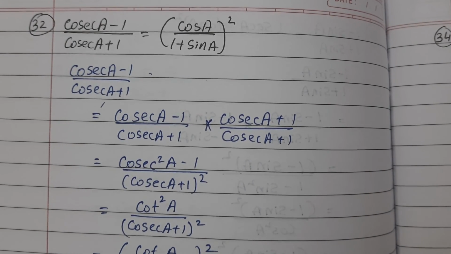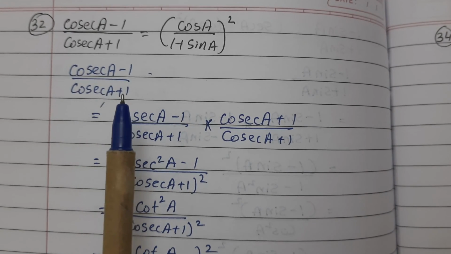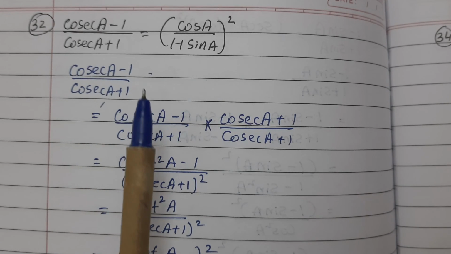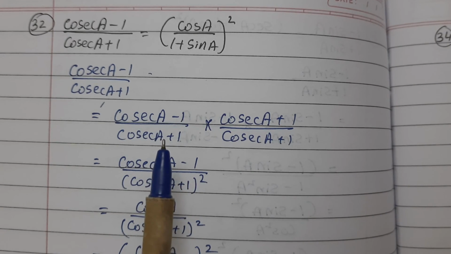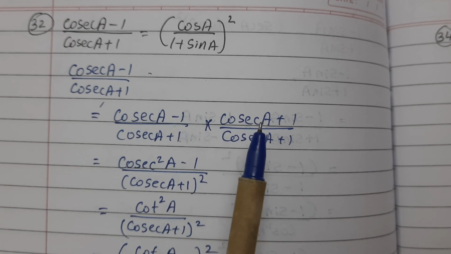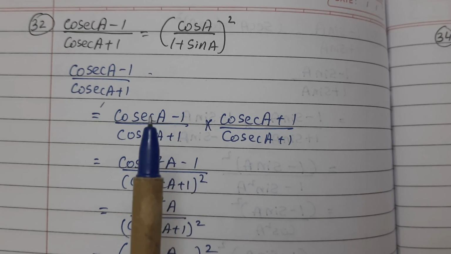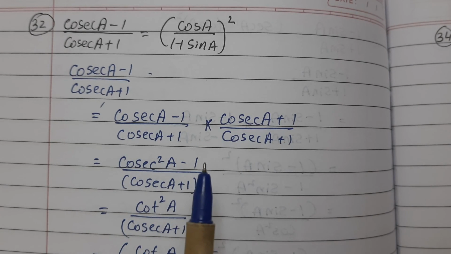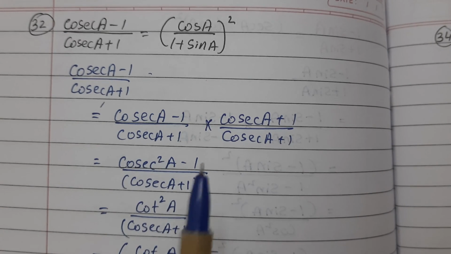Sum number 32. Cosec A minus 1 upon cosec A plus 1 is equal to, multiply and divide by cosec A plus 1. We get cosec A minus 1 upon cosec A plus 1 into cosec A plus 1 upon cosec A plus 1. Numerator is A minus B into A plus B is A square minus B square, cosec square A minus 1.